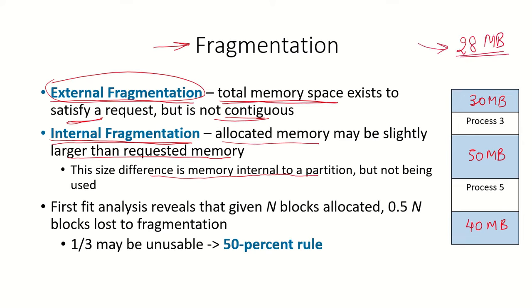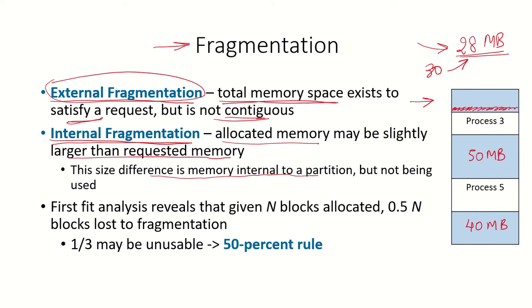Let's say this is the requirement of a process, and now this particular section has been allocated to the request. So if 30 MB, which is slightly larger than the request, is allocated, there would be at least some part of the memory over here which will be unused.